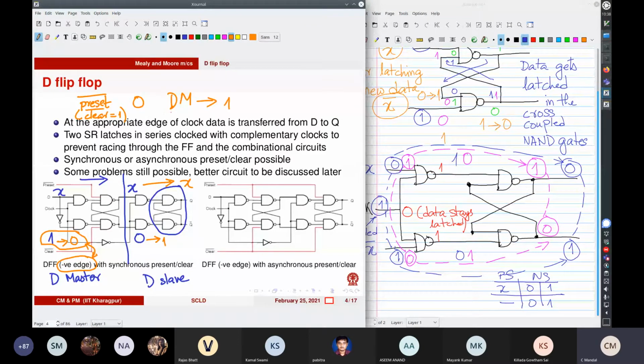So during normal operation, these preset and clear lines are meant to be kept high. Okay, so preset bar and clear bar equal to 1 for normal operation.